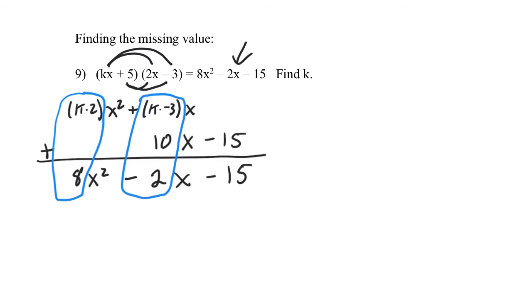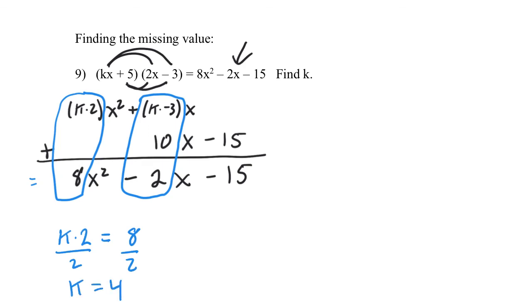I'm going to use the first column because it doesn't have anything that it's combining with. There's nothing in this little empty space right here, which is going to make it a little bit easier, okay? So what this is telling me is that when I take k times 2, it must equal 8. So we can use that to solve for k and find that k needs to equal 4.